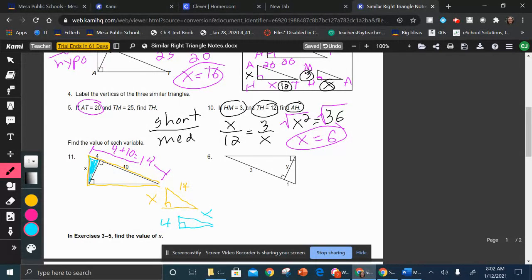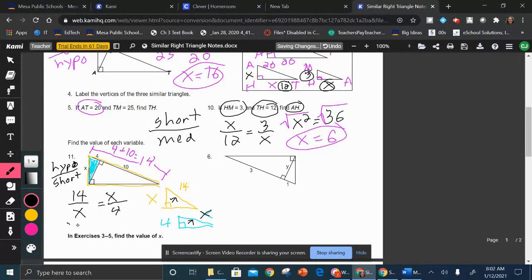So we're going to set it up: 14 over x, hypotenuse over short leg, is equal to hypotenuse over short. Everybody remember, the hypotenuse is diagonally across from the right angle.